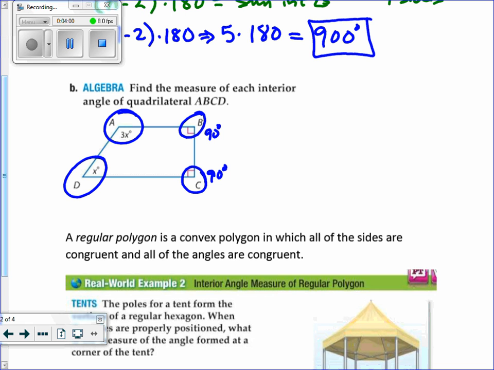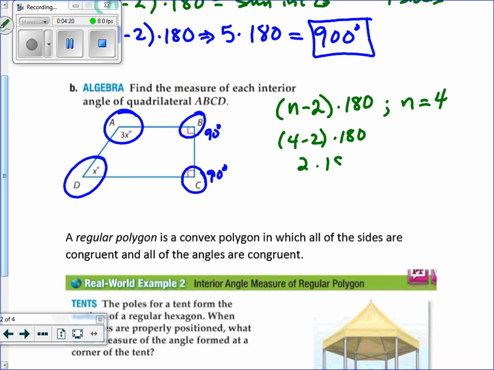So I'm going to use our sum of interior angles theorem again, n-2 times 180. I have a quadrilateral, so n is going to equal 4 here. 4 minus 2 times 180 is 2 times 180, or 360 degrees. So the sum of the interior angles of a quadrilateral is 360 degrees. Just like a triangle is 180 degrees, a quadrilateral is 360 degrees.